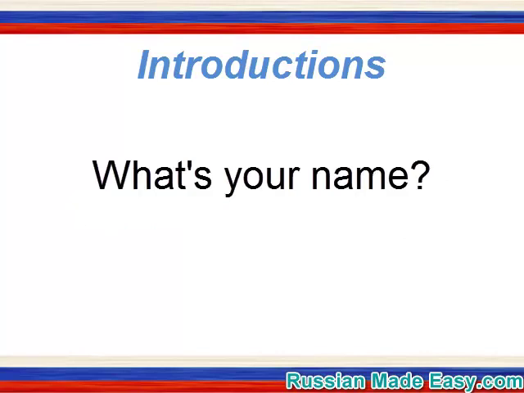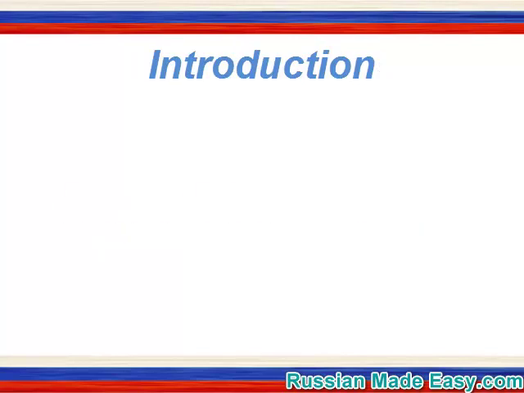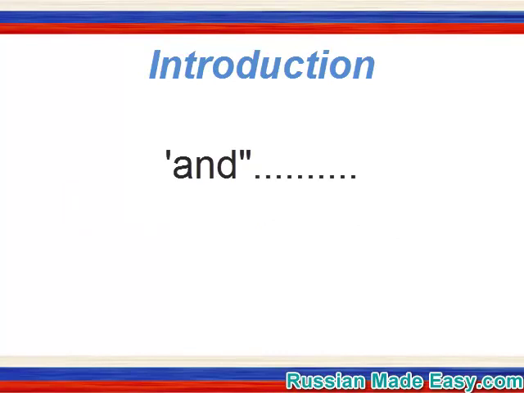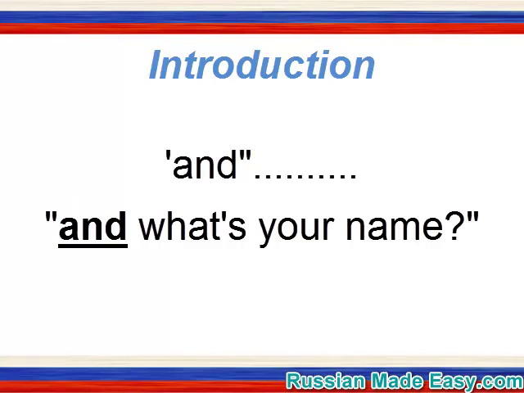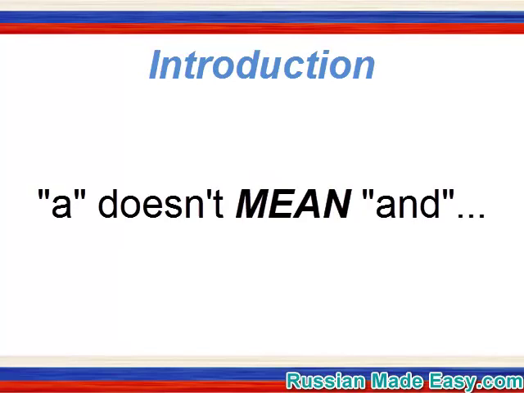What's your name? My name's Steve, and what's your name? When the Russian person responds with, А как вас зовут? that ah sound is functioning like that and in, and what's your name? The Russian word ah, though, doesn't mean and. They have a different word for that in Russian. That's just how it's functioning here.